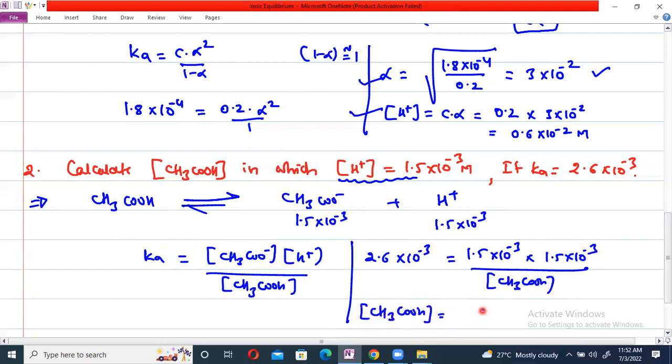By solving this one, the answer I am going to get here is 1.5 by 2.6 into 10 to the power of minus 3. That is 15 by 26.